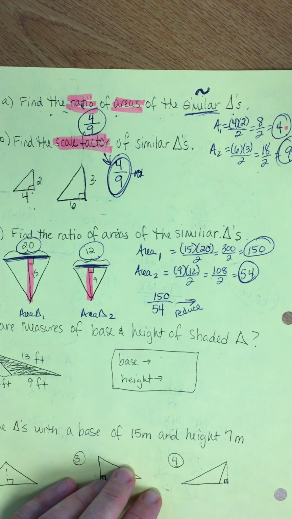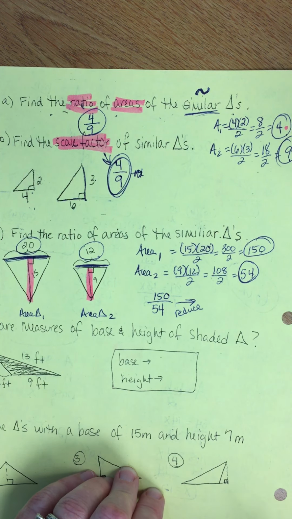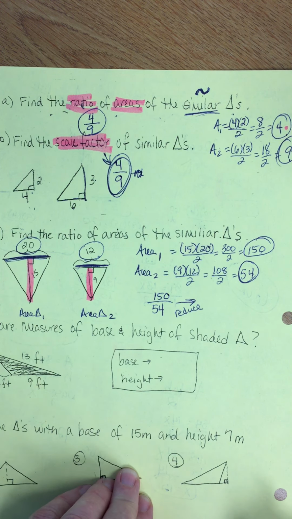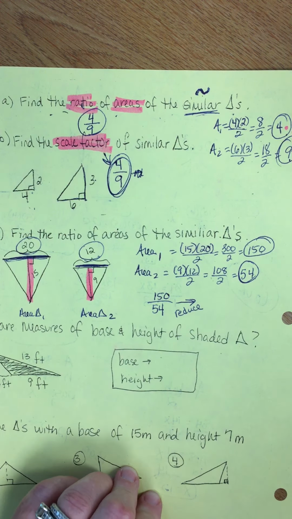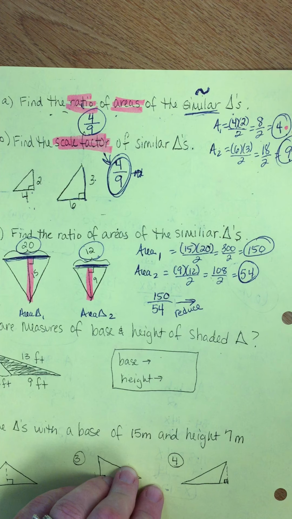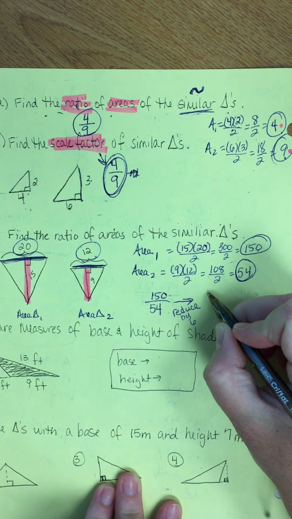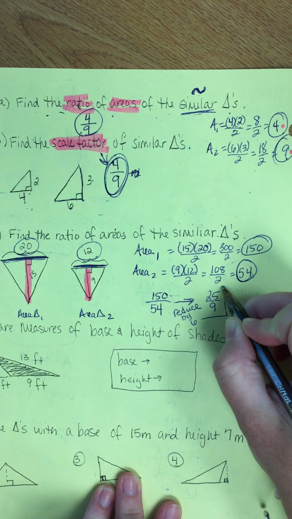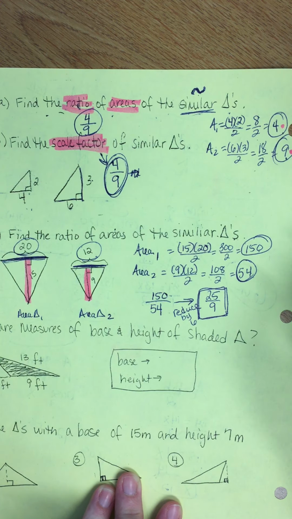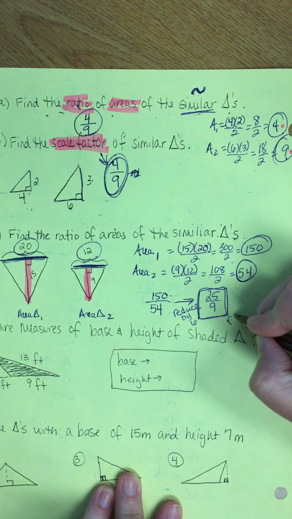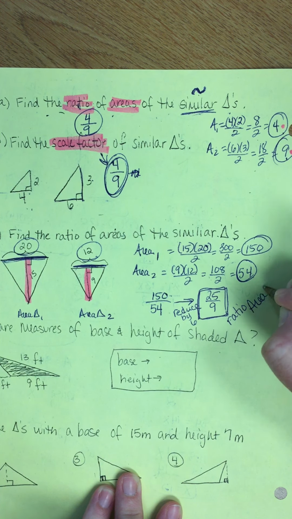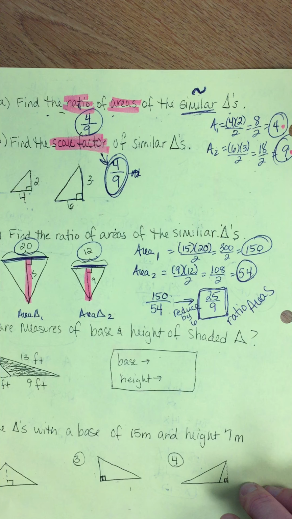What number goes into both of those that you can think of? 4? Let's see, 150 divided by 4, nope. 6. 150 divided by 6 is 25, and 54 divided by 6 is 9. So if I cut these by 6, you get 25 over 9. And that, my friends, is in simplest form. So this is the ratio of the areas. All you're doing is putting in a fraction and simplifying.